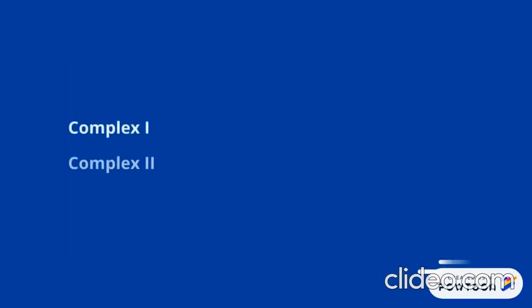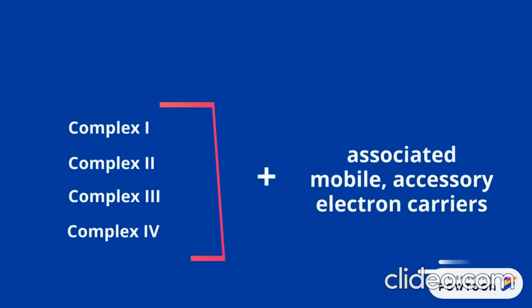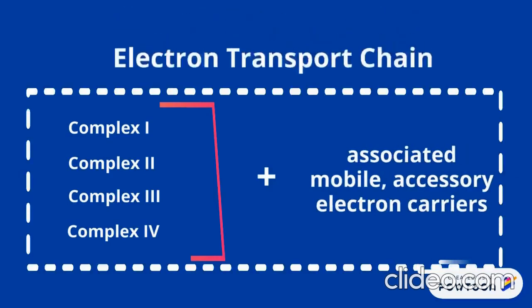There are 4 complexes composed of proteins, and the aggregation of the 4 complexes together with associated mobile accessory electron carriers is called the electron transport chain.